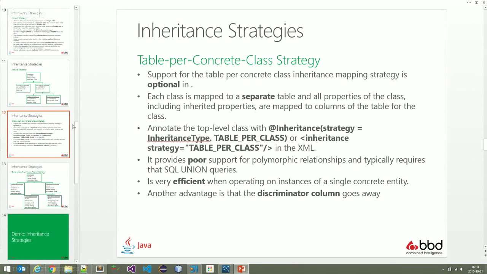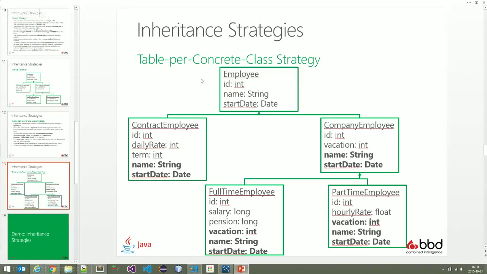One of the advantages is that you don't have your discriminator column anyway. That's a big advantage. Someone got burned by the discriminator column, looking back in the 90s. But the other thing is, if you're never really going to do polymorphic type queries on this, which I don't know why you had inheritance in the first place then, this is fine.